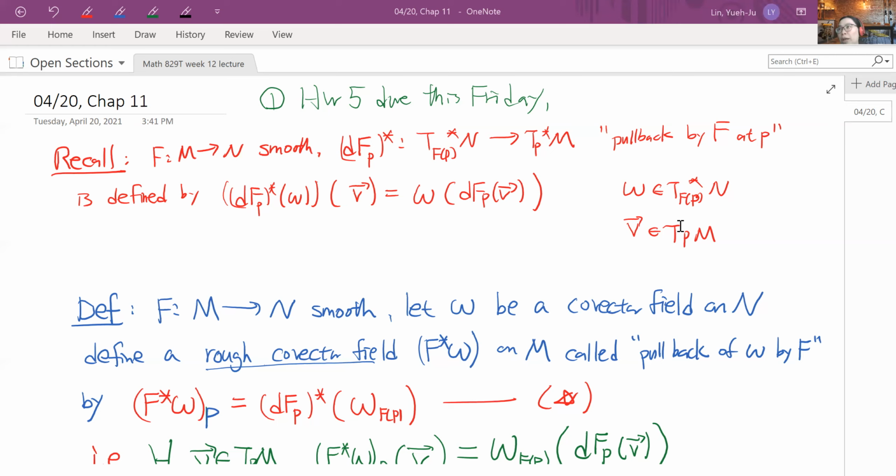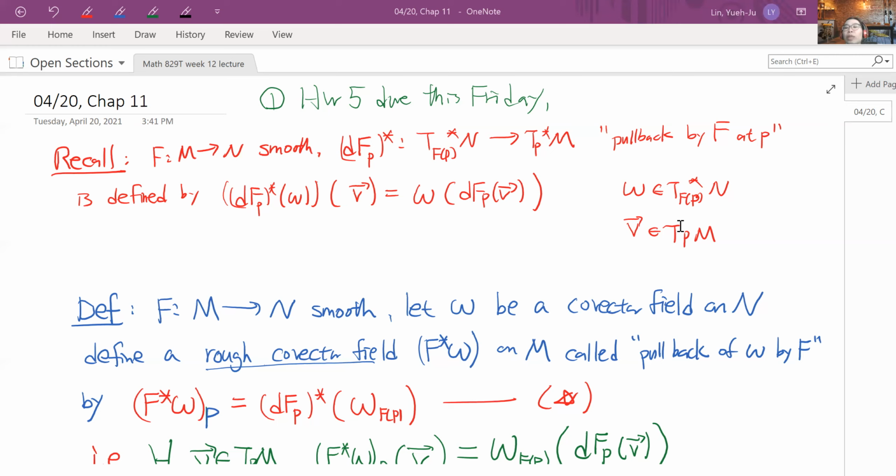From the image to the domain. Then it will be a smooth covector on R. So first what we're going to do is to make sense of the integration of a covector field on R. Then we can define an integration of a covector along the curve on the manifold. And that's the goal.